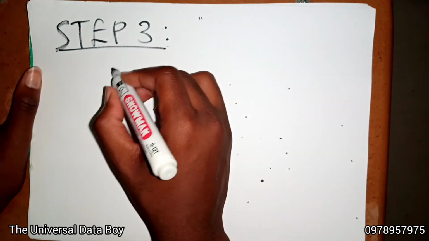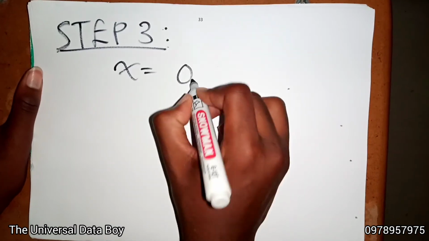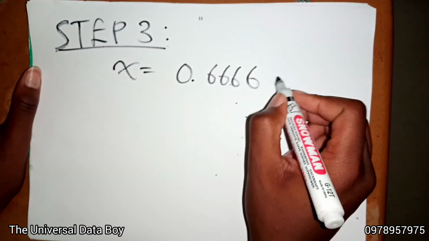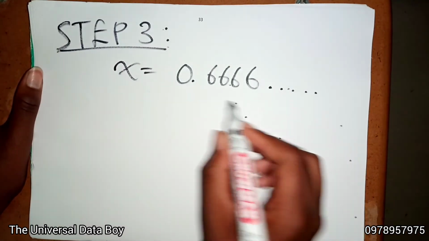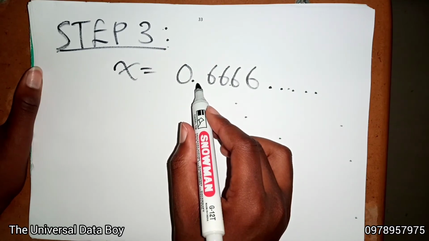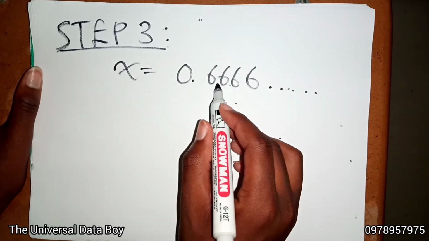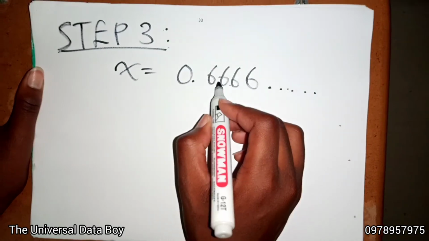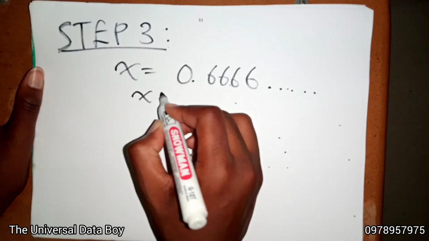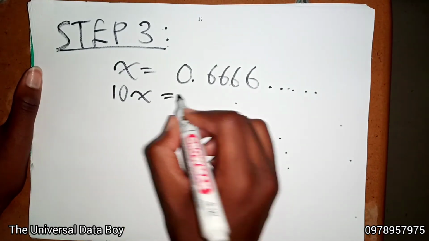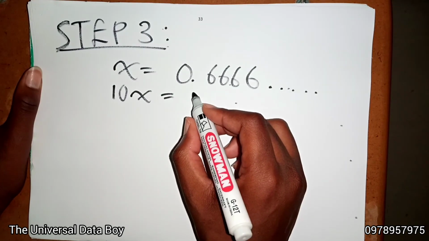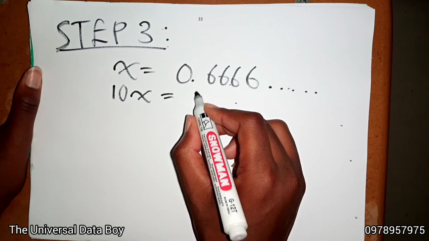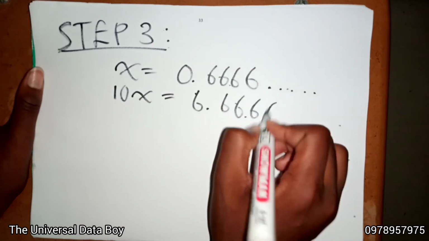Initially we had our x being equal to 0.6666 repeated, so we're going to multiply this by a certain factor so that the decimal is right after the repeating part. For example, we can multiply this by 10, so then you're going to have 10x being equal to 6.6666.